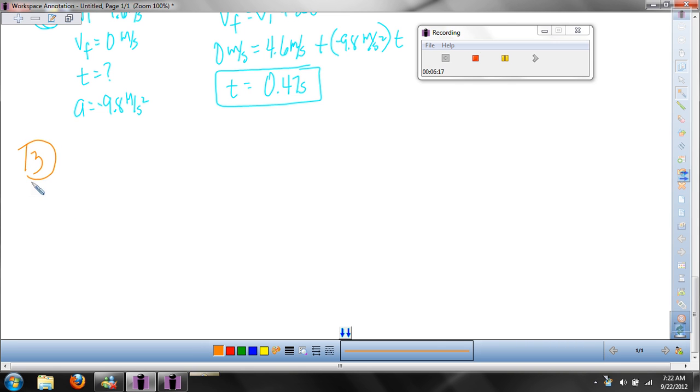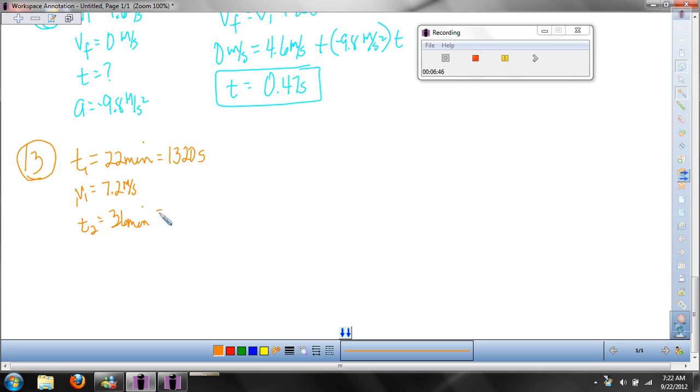Okay, so 13 says that she has 22 minutes of travel, and that 22 minutes of travel is covered at 7.2 meters per second. So I'm going to get rid of those minutes and multiply by 60, and I think that's going to give me 1,320 seconds. And then T2 lasts for 36 minutes.